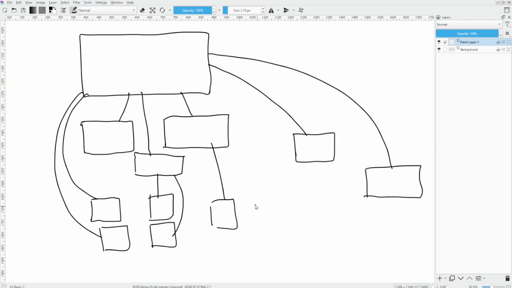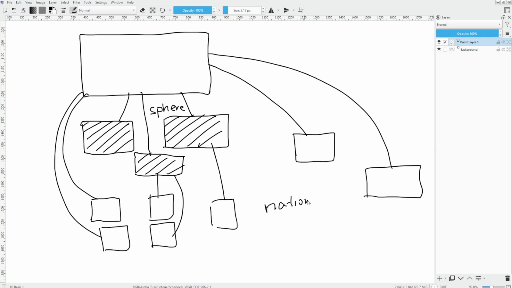Let's just say like this, this would be a sphere market level. These are national markets.